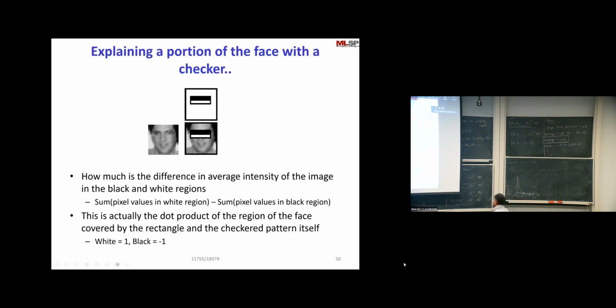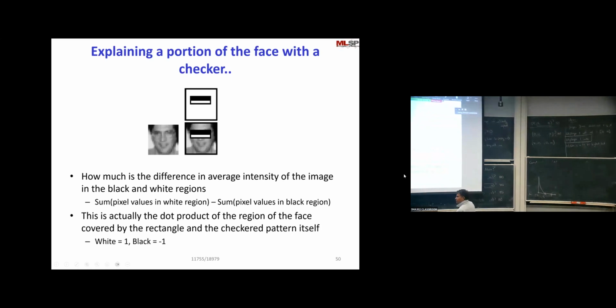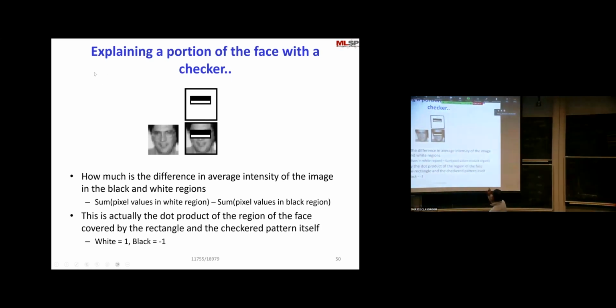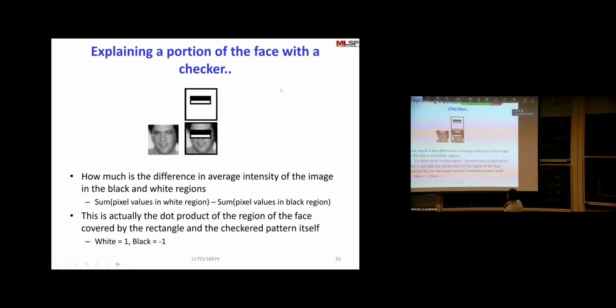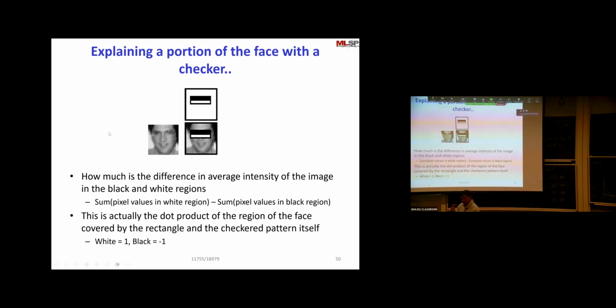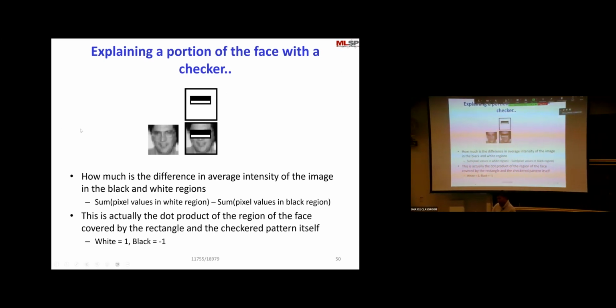So the computation is, of course, trivial, because all you're saying is what is the difference in the average intensity of the image in the white and black regions. It's basically a differencing operation. You're summing all the points in this region, summing all the points in this region, and then subtracting, right? So how many computes does it need? If it's a k cross n feature, then how many computes does it need?